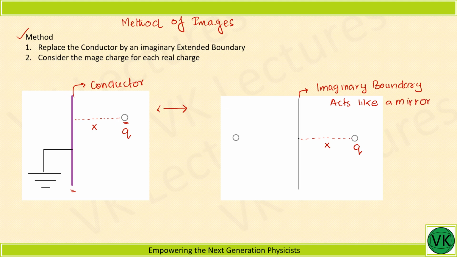On the other side of the mirror the image will be placed at a distance x dash, and the charge is q dash.